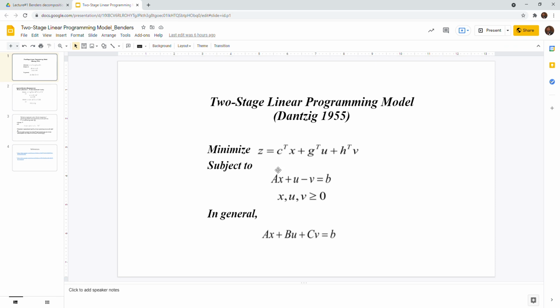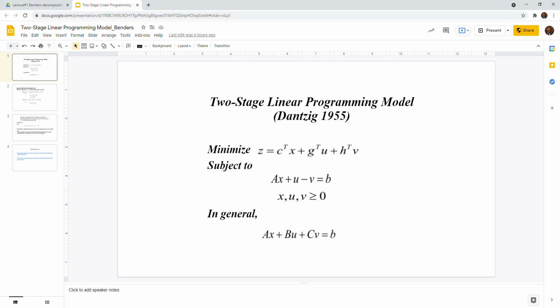The first stage is the original LP. The second stage is with uncertainty of the first stage parameter, leading to the risky condition that the constraint cannot be satisfied in all scenarios. So with a risky condition like that, the u and v come to help to balance and still maintain what we call the structure of linear programming.